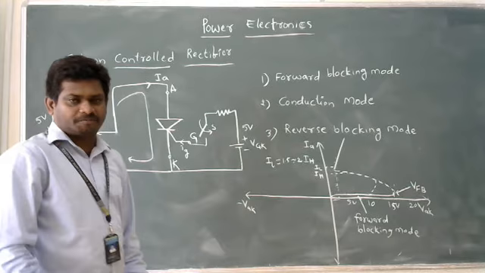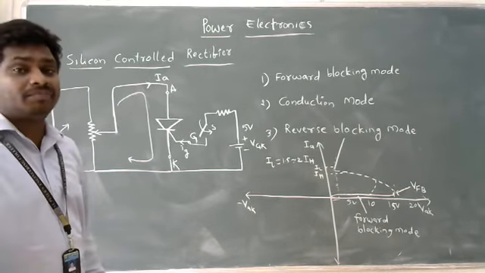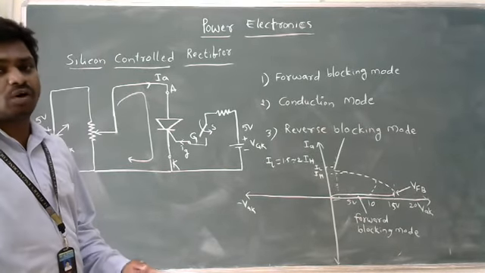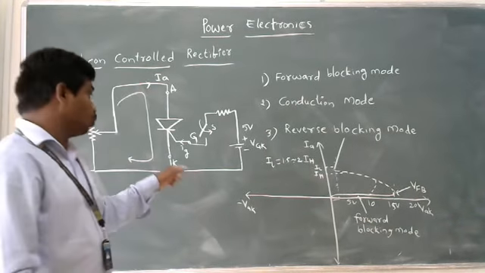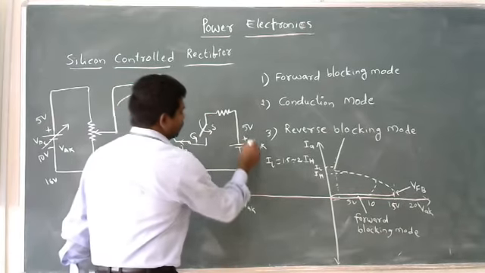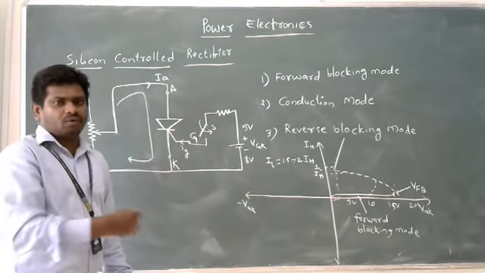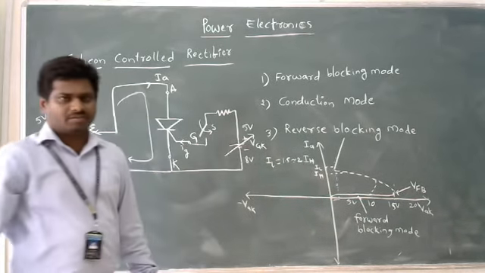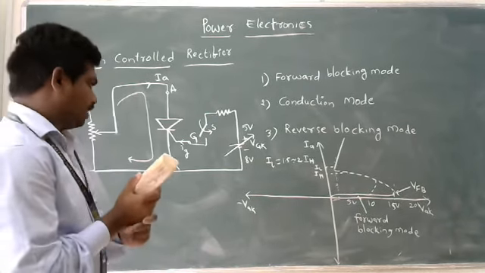At 10 volt of forward voltage, our device comes into the conduction state from the forward blocking mode because we are applying an extra 5 volt, which the device requires to reach the rated value, through the gate terminal. Suppose I applied 8 volt after 5 volt. Let us say this is a variable source available, we can say an RPS.